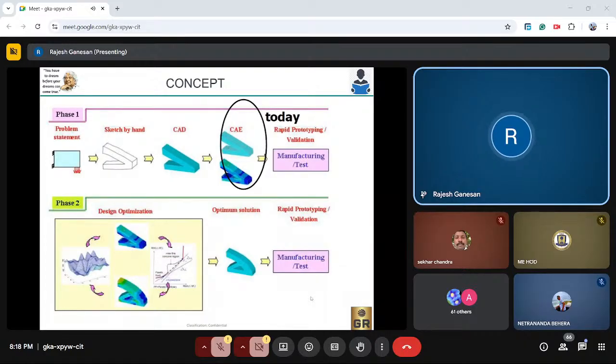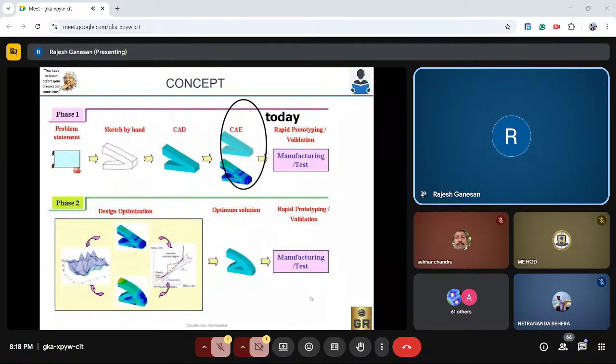Now I will explain a concept: how we approach FEA. There are two phases. Phase one: first we state our problem statement. As I told you already, if I am going to analyze a component with an analysis tool, first I need a component; I want to design a component.